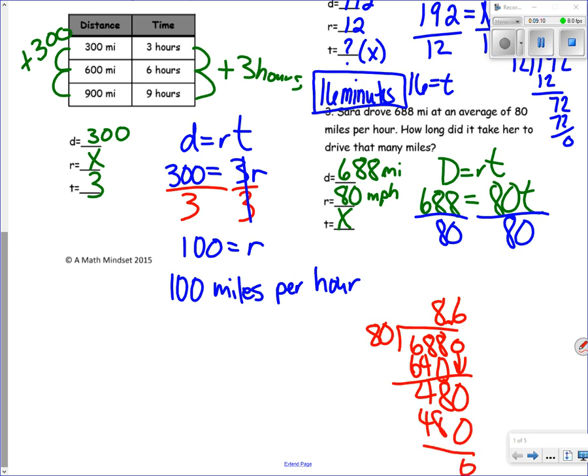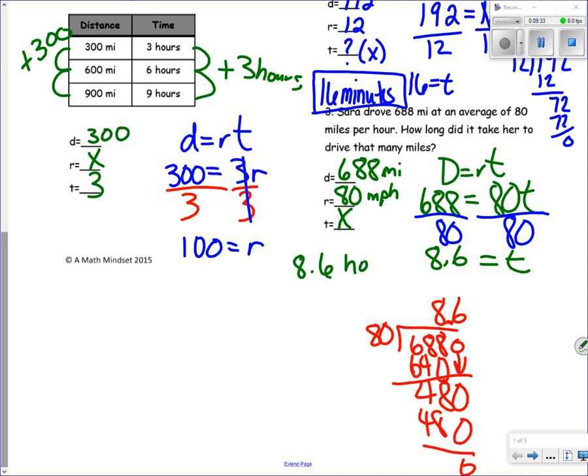That goes, so we're finished. And we're going to count time equals, that's a terrible T. We're going to go with it, 8.6, and so remember we know what this is. It's time, and we were looking for hours. So it took her 8.6 hours to drive her 688 miles.